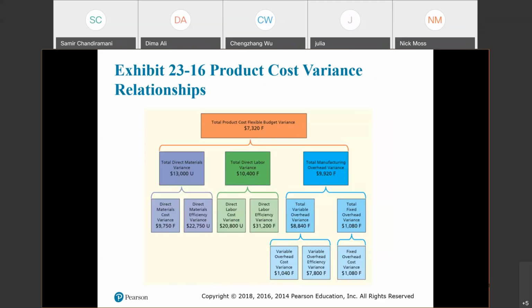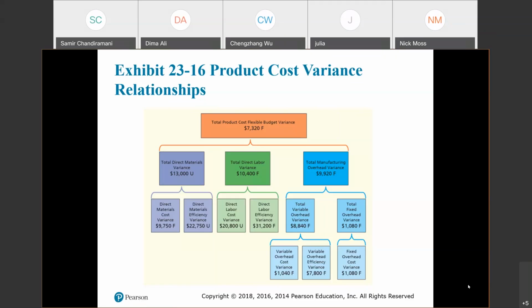And this slide illustrates the relationships among the various product cost variances. But as you can see, the fixed overhead volume variance is not included in this diagram, because, as previously stated, this variance is not a flexible budget variance, but a volume variance.